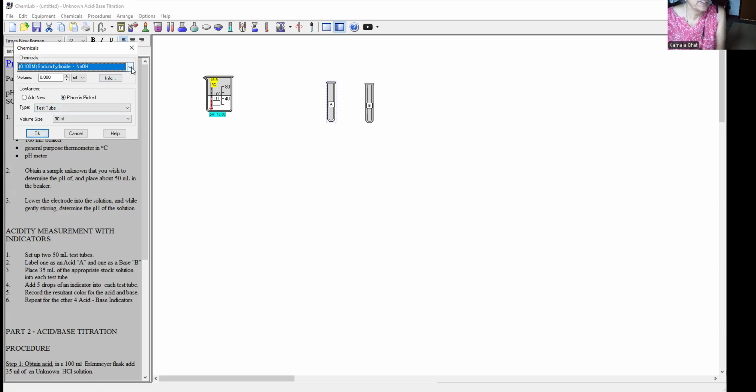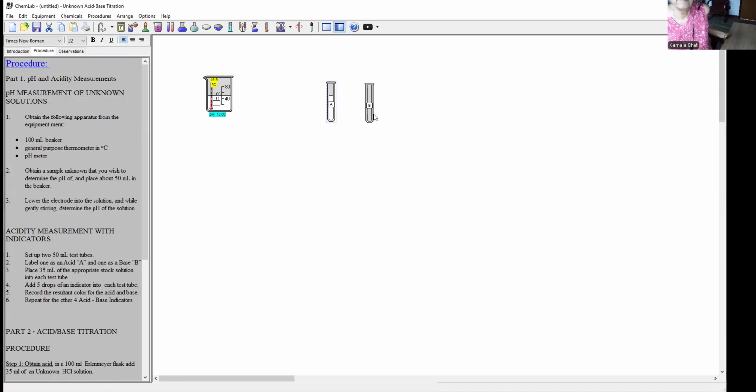Because it is A, we have to add A, and then we write the volume and say okay.